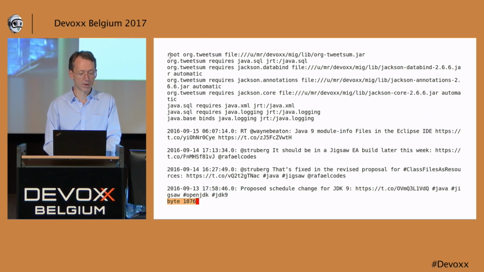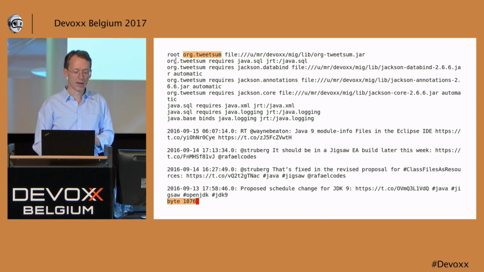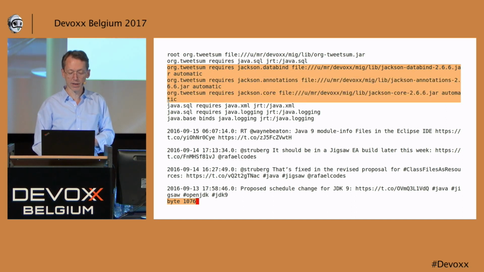So we start at the top, the root module, the module I identified with the -m option. I told the launcher, please run starting with this module. So that's the root module. It saw that org TweetSome requires java.sql and then Jackson data bind and Jackson annotations and Jackson core. It tells you helpfully where those jar files are in case you need to find them.